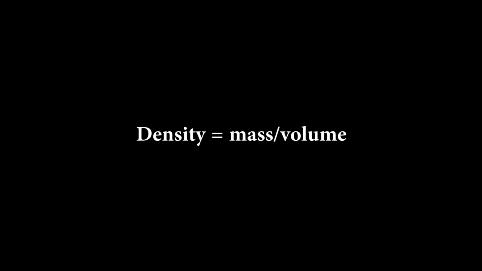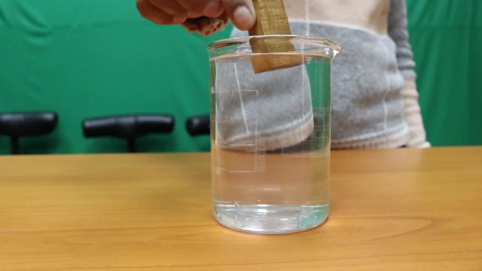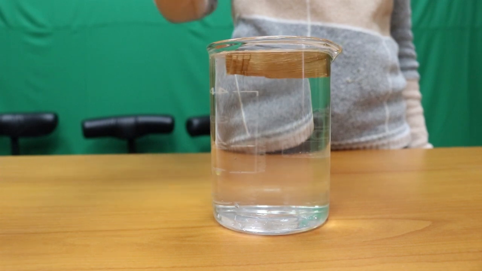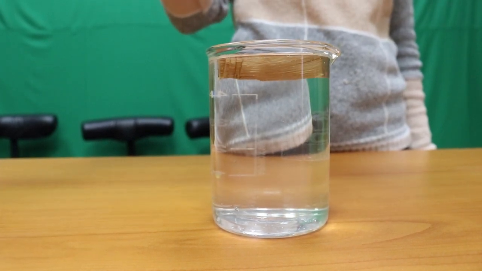We know that the density of a substance is defined as the mass per unit volume. Here, the density of cork is less than the density of water. That is, the upthrust of water is greater than the weight of the cork, so it floats.